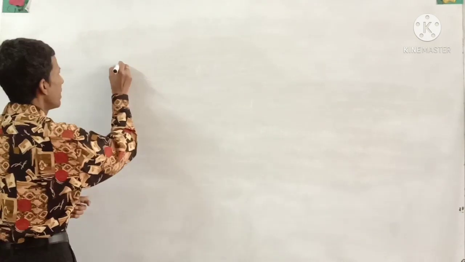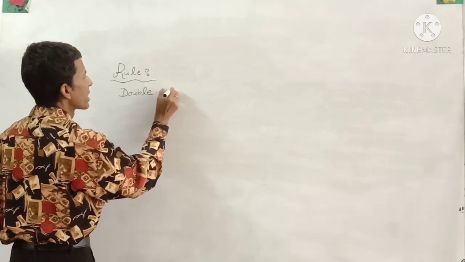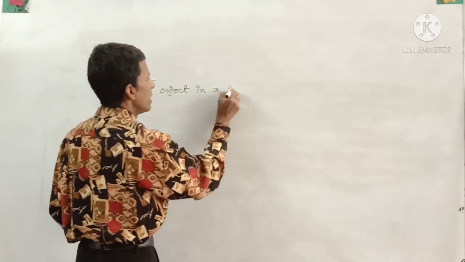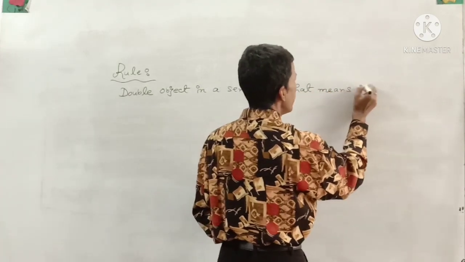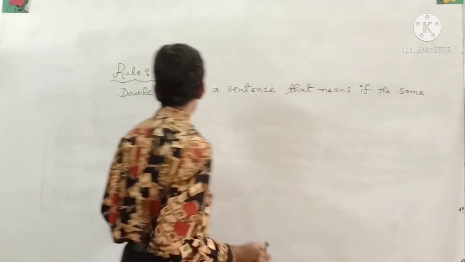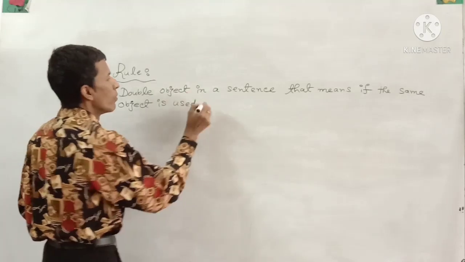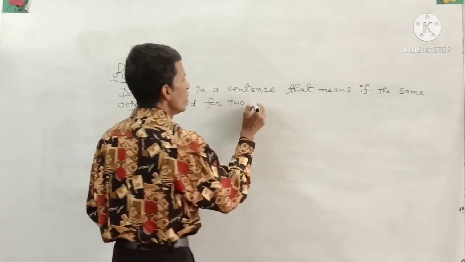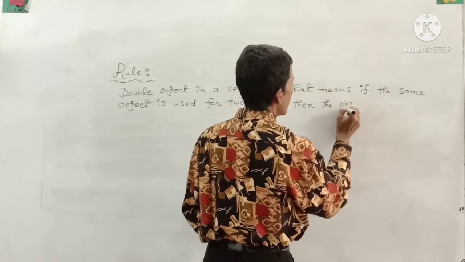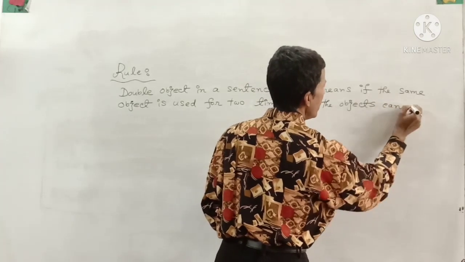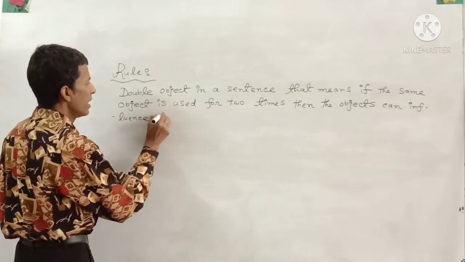I am writing the rule: double object in a sentence, that means if the same object is used for two times, then the objects can influence the using of articles.